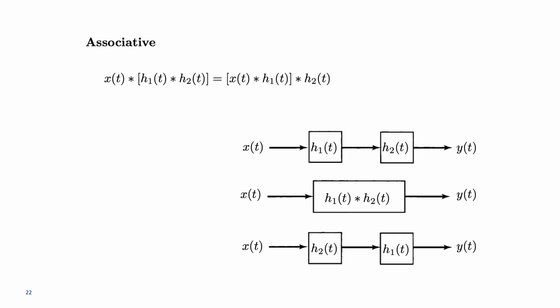So as you can see in the figure, you have the first system and then in cascade the second system. Equivalently, you can have one system that has as an impulse response the convolution of the two, or you can have a cascade of two where the position of the systems has been swapped. And the output is the same in all these cases.